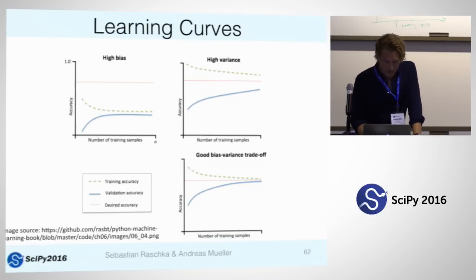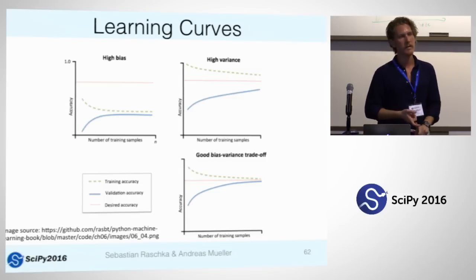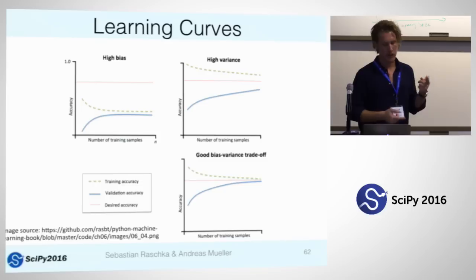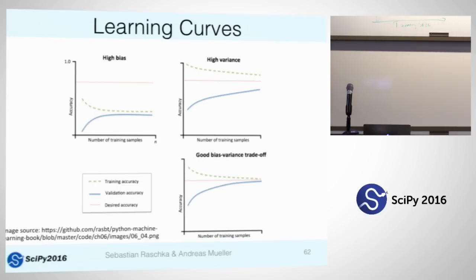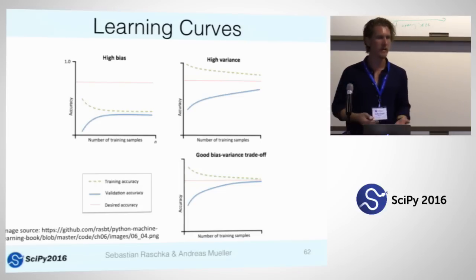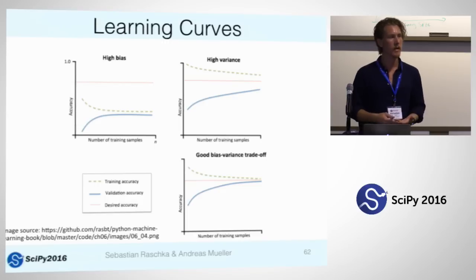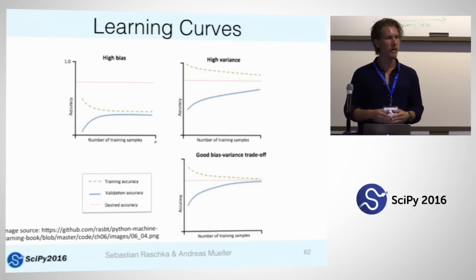One thing is that our classifier can suffer from overfitting, or it can suffer from underfitting. Underfitting means basically that our model is too simple to capture the information in the data set, and then it fails at making good predictions on the training set or on both the training and the test set.